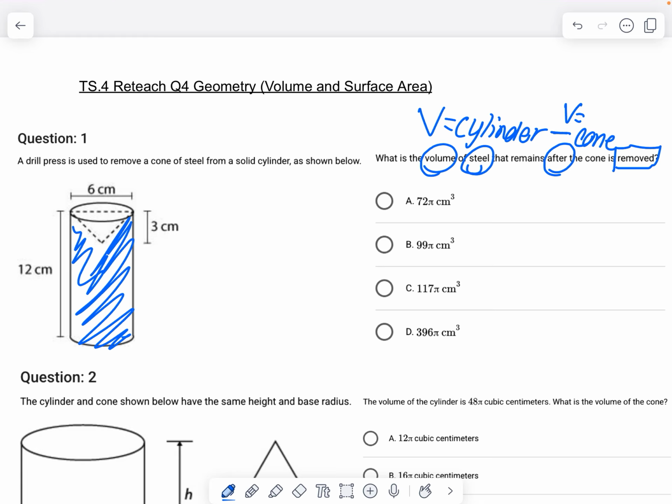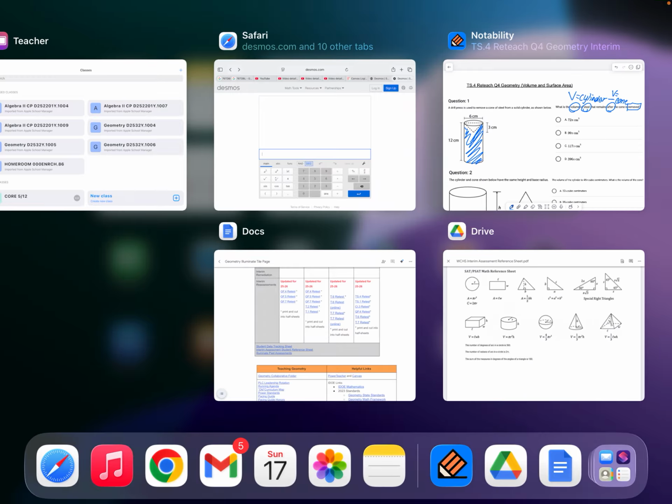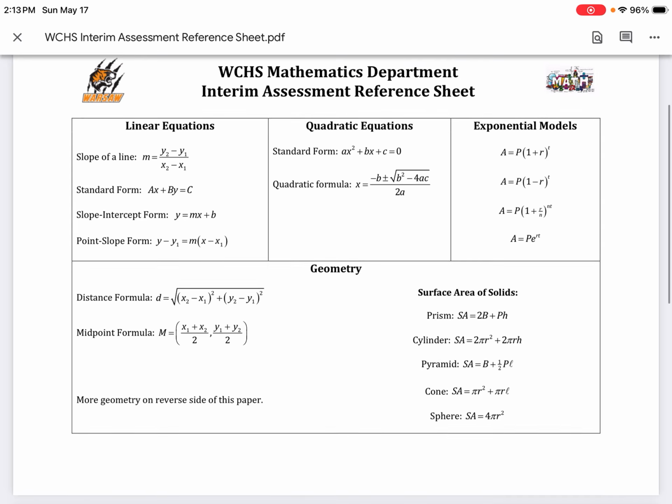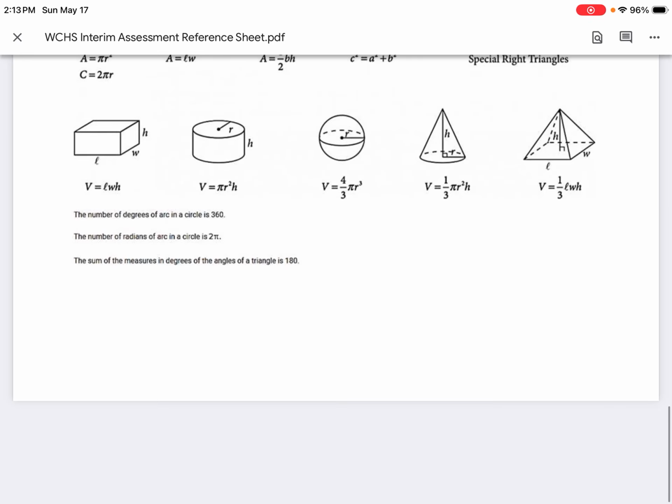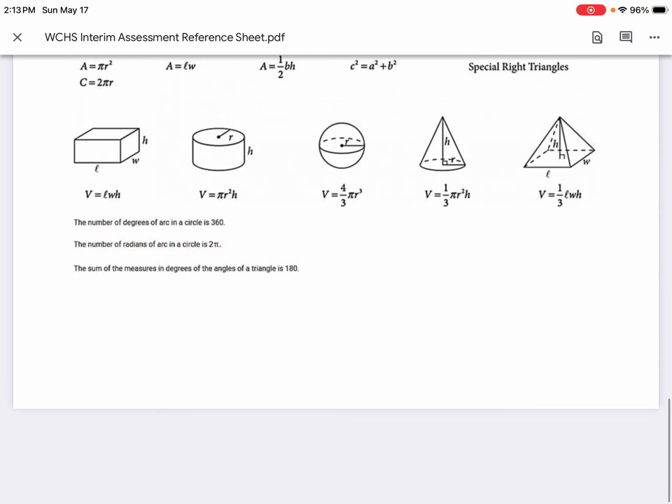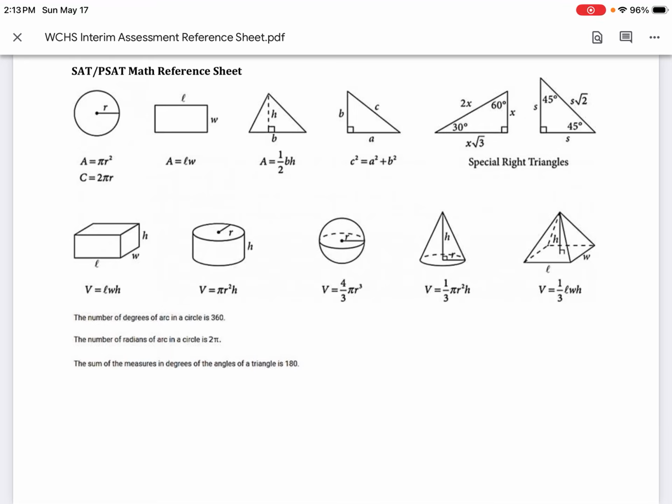Okay, let's go back to that formula sheet. We're talking about volume, so I should be on the back side, not the surface area. Volume is down here. My cylinder is that second one over. The volume of a cylinder equals pi r squared times height. Let's write that over here.